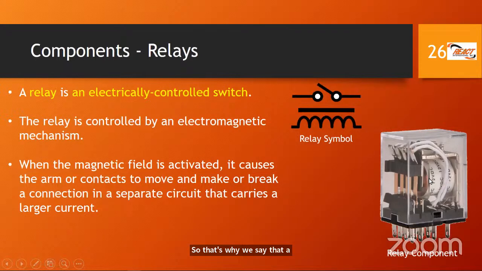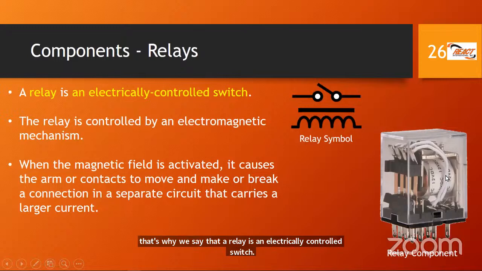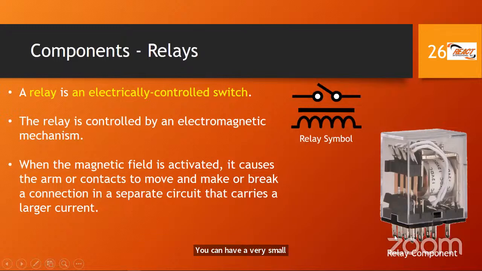You can have a very small current operating this electromagnet, but you can have larger currents being switched using these pins, right? So a relay is an electrically controlled switch. You need to know that for the exam. We're just sharing with you that it uses electromagnetism as the mechanism to operate. When the magnetic field is activated, meaning you apply a current or a voltage to this coil and a current flows, it becomes magnetized and it pulls this latch across here.